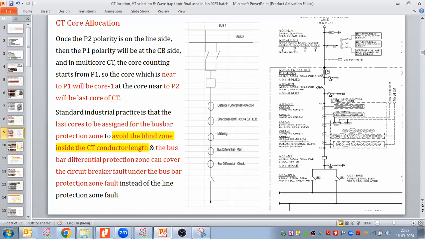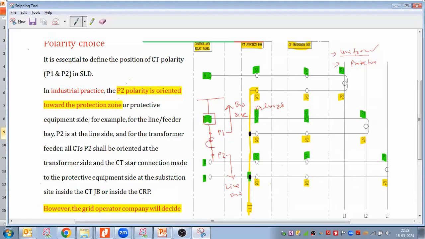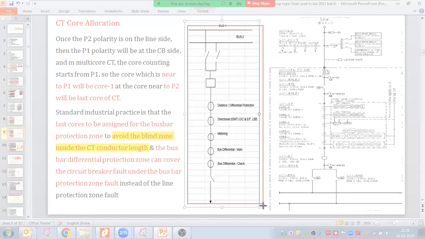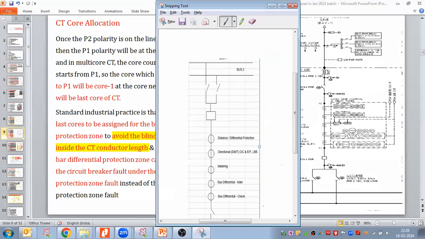So the core which is nearest to P1 will be core 1. If I'm putting P2 on the line side, P1 would automatically be on the bus side, the breaker side.